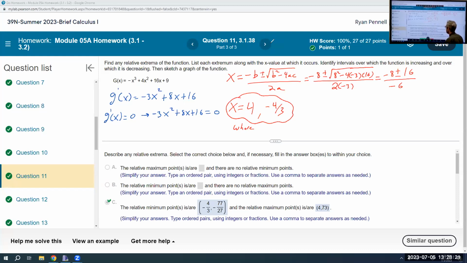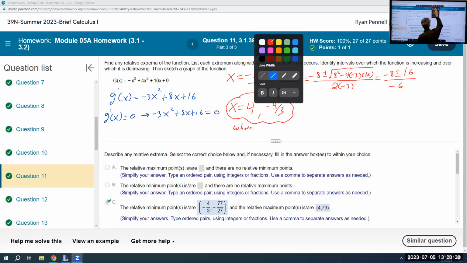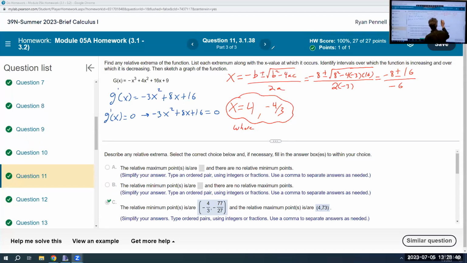That is where the slope is 0. Now, if the slope is 0, sure, but what are the actual values? That's where you plug it in. Let me switch colors to remind myself that's what I'm doing.